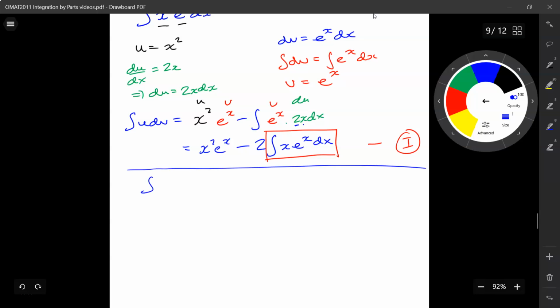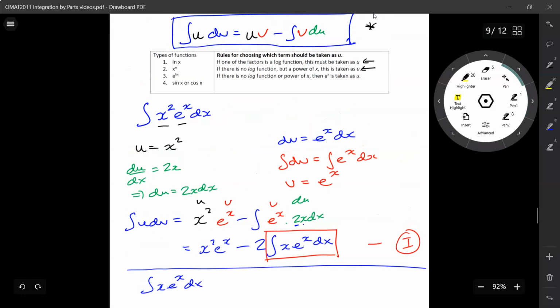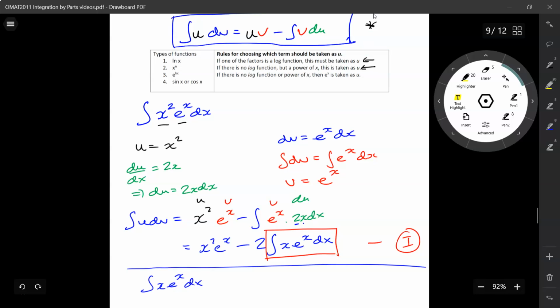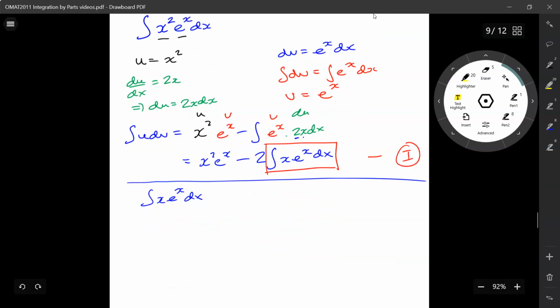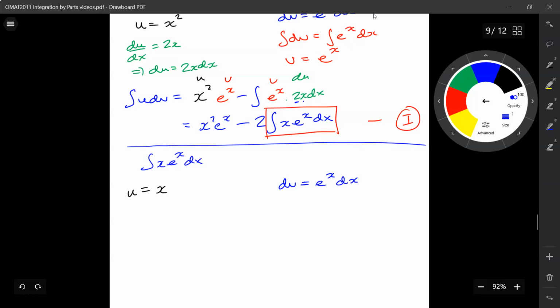So now we have the integral of x times exponential x dx. We're going to use our formula again, so we have to identify u. And once again, we follow our second rule. If there's no log function but a power of x, this is taken as u. That's our second rule up there. So if I come here, u is equal to x, that means dv is exponential x dx, everything else in the product.